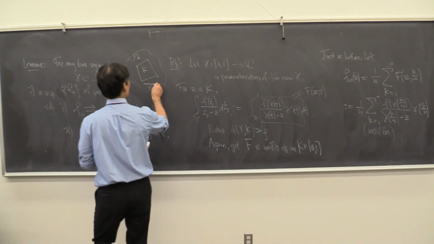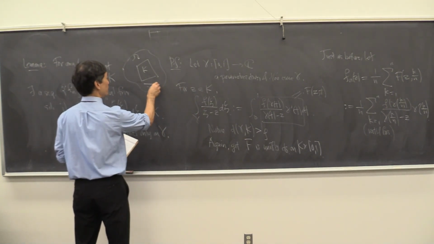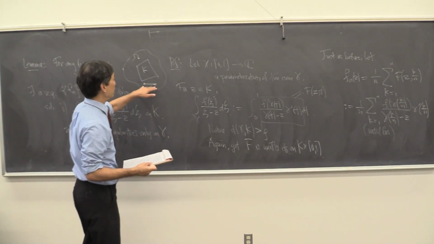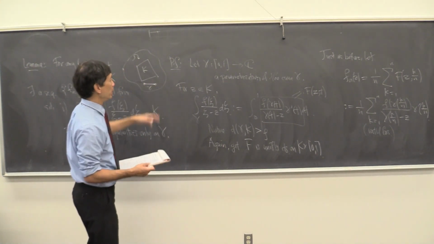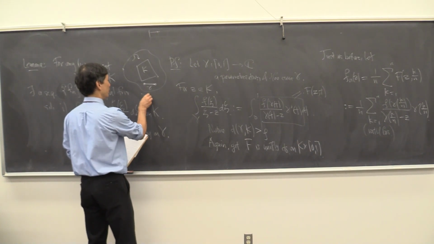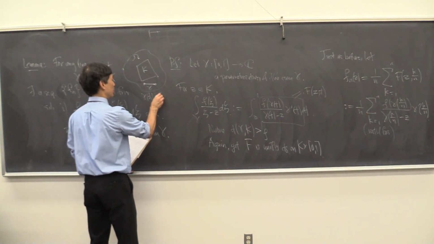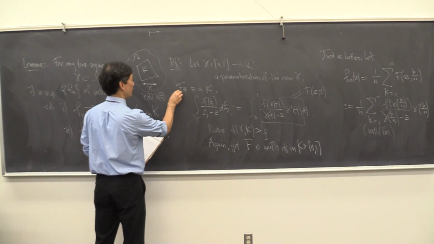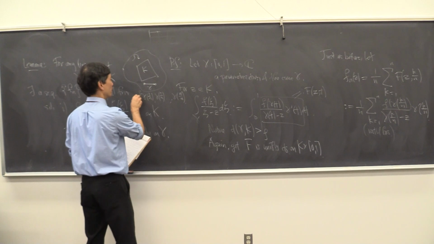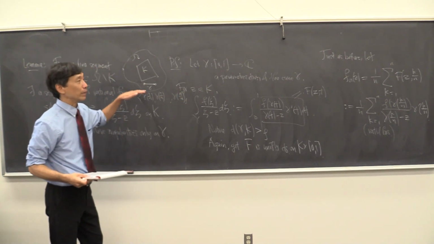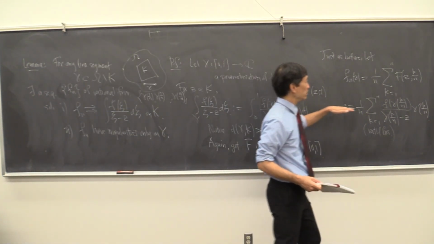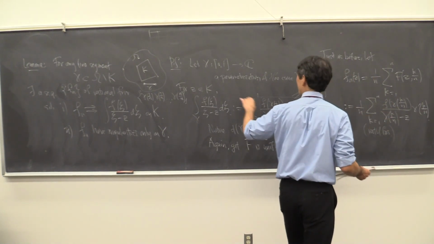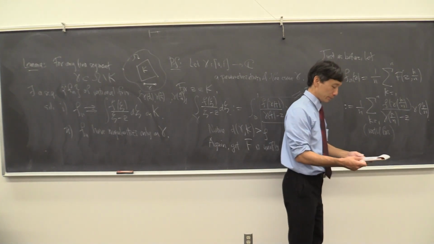So these rational functions have poles at gamma 1 over n, gamma 2 over n, up to gamma n over n. They're pretty simple rational functions that just have simple poles at those points.